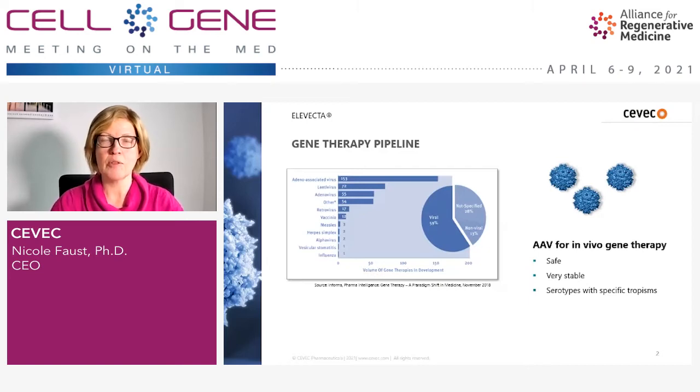Some of the reasons are that AAV is a very safe viral vector. It's small and stable, and it comes in many different serotypes, with new serotypes being developed, which all show different tropisms, which means it can be used to target specific tissues in the human body.